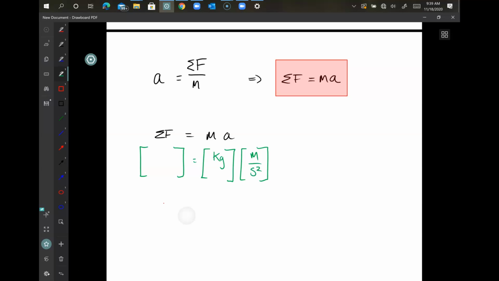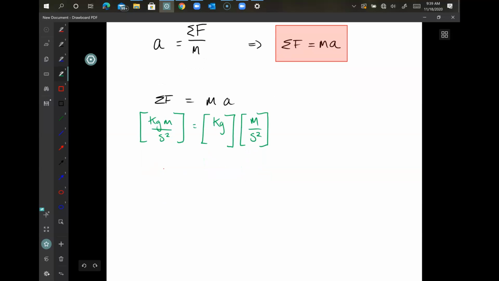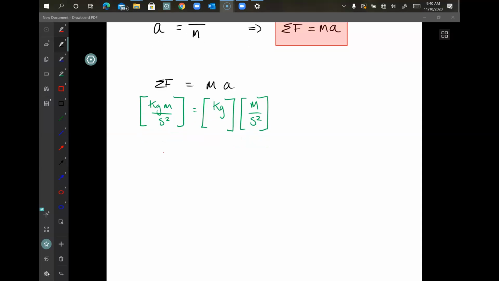So when we put all that together, we get kilograms times meters divided by second squared. So the unit of force is the kilogram meter per second squared, but it would be really annoying if we had to say that all the time. So instead, we have defined the kilogram meter per second squared as being the newton. So we can talk about newtons instead of kilogram meters per second squared.